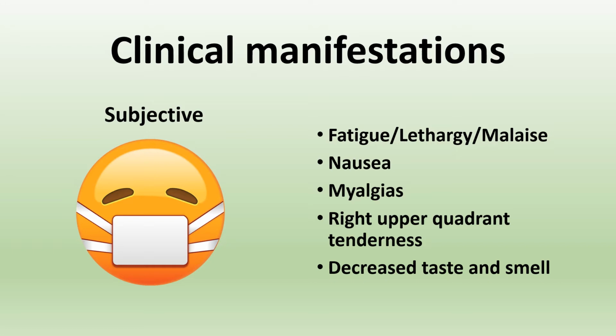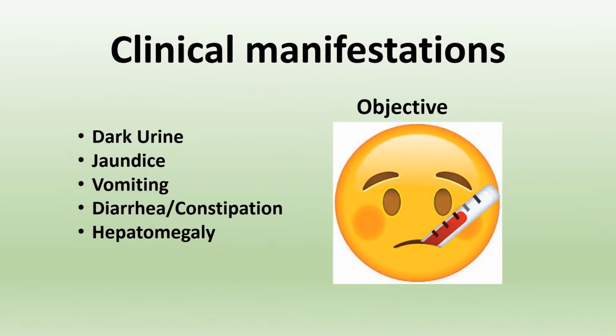Many times, people with acute hepatitis also experience pain in the upper right quadrant. Objective symptoms of acute hepatitis may include dark urine, jaundice, vomiting, diarrhea, constipation, and an enlarged liver.